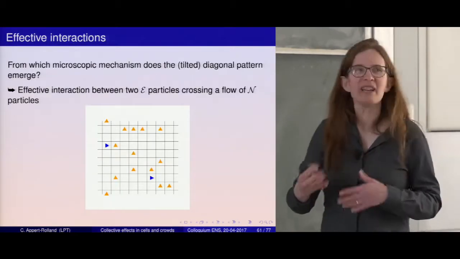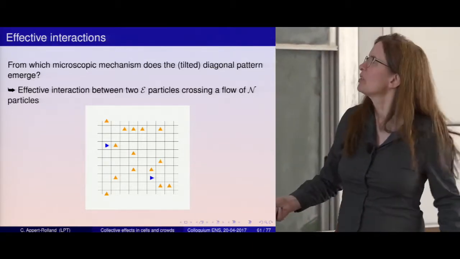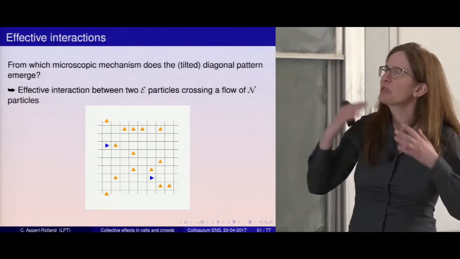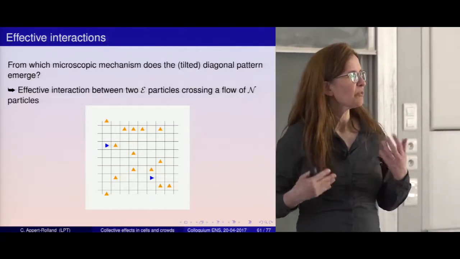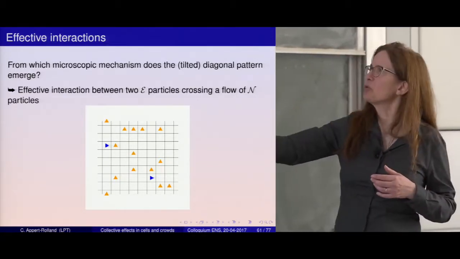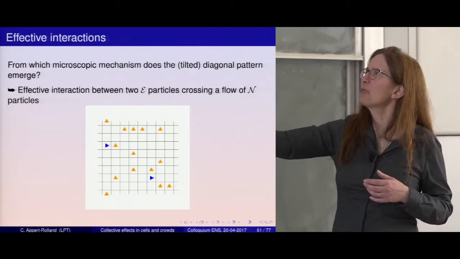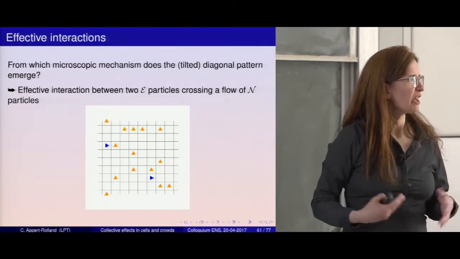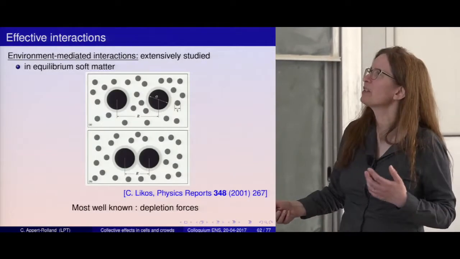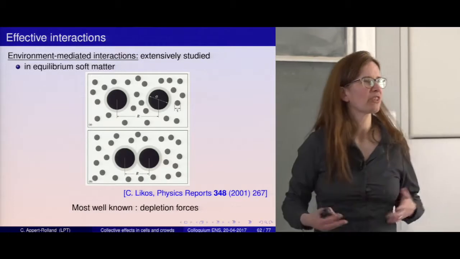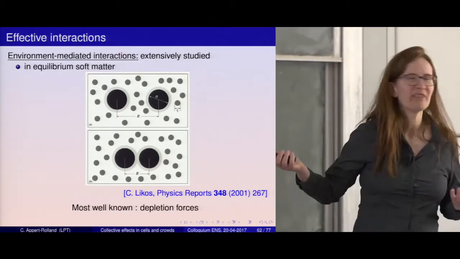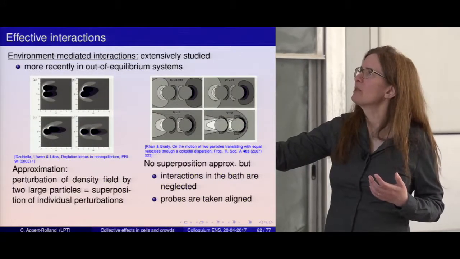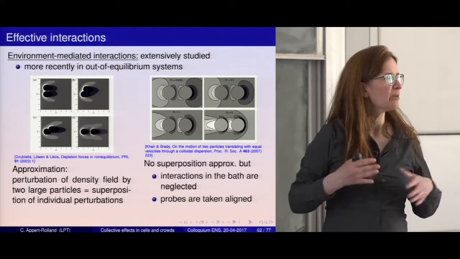Now, how is it created, these modes? Now we must think in terms of effective interactions between two particles. So we'll consider two blue particles in a field of yellow particles going up and see what is the effective interaction. There is a whole field of literature with effective interaction. The most well-known is depletion at equilibrium. But there is also more recently more research in out-of-equilibrium system.